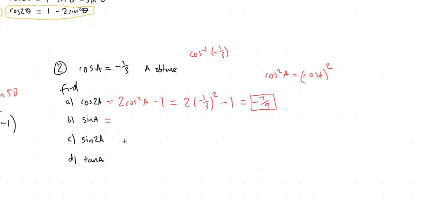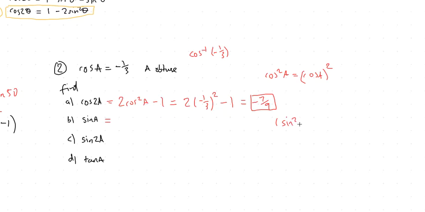Okay, sine A. Okay, interesting. Remember that from the previous video, sine squared plus cos squared equals 1. So therefore, let's just write this on the side.